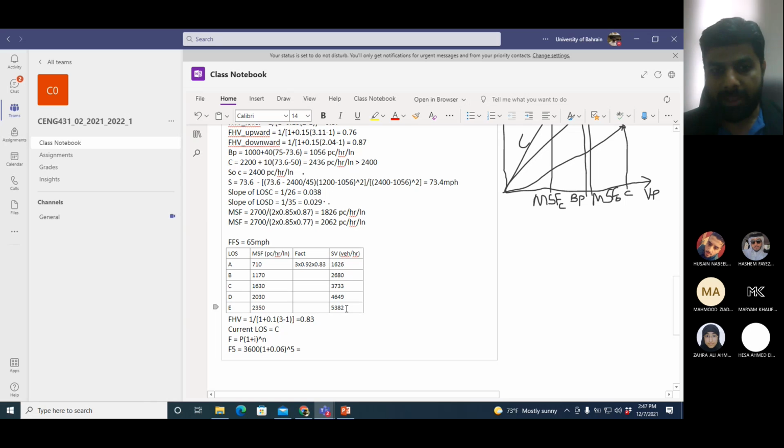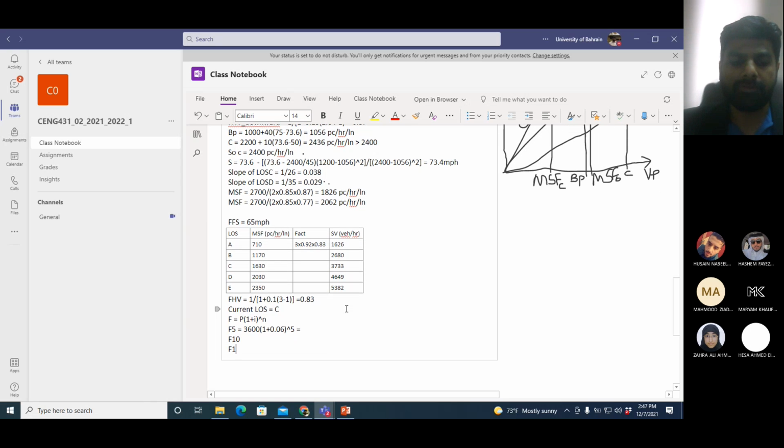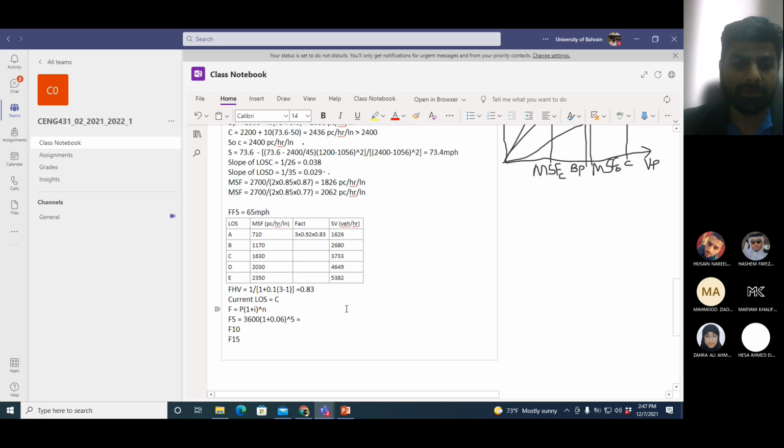The same can be done for 10 years, 15 years, and 20 years as well. Only the value of n will change. So give me these values.